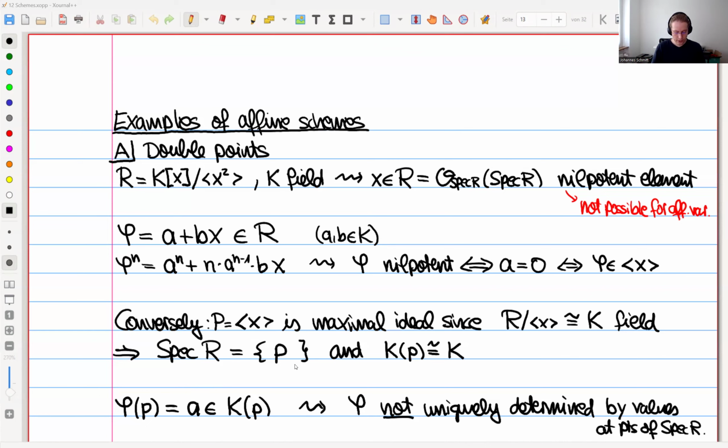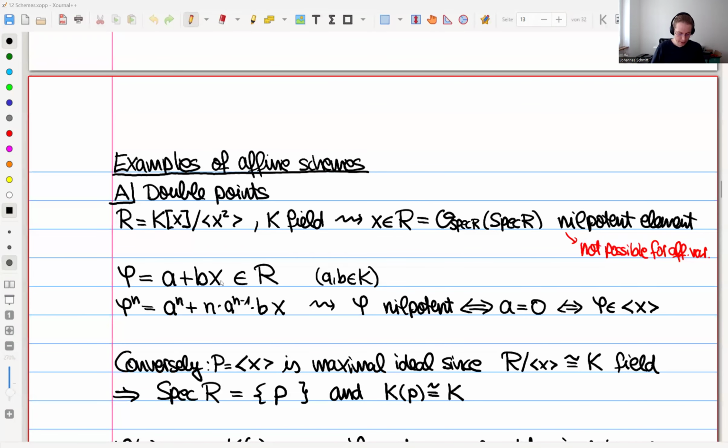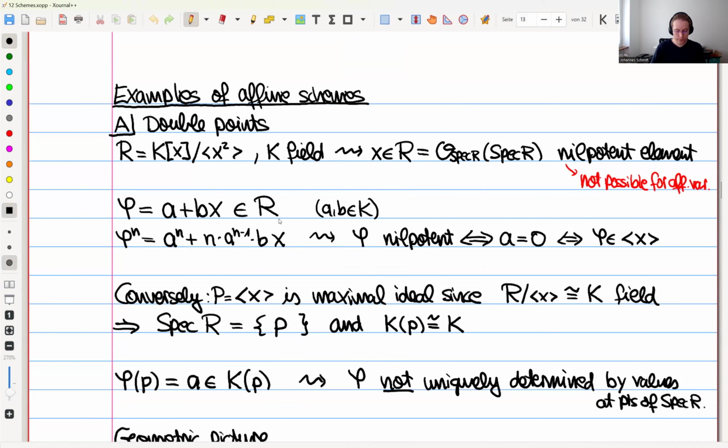And the interesting thing is the field associated to this point. Well, you take exactly this quotient, so the field is the field k that we started with. But this means if we now interpret this phi as a function on spec R, then its value at this point lives inside this field, and you just map this element to this quotient, which means you kill this b times x part, and so this value is just a.